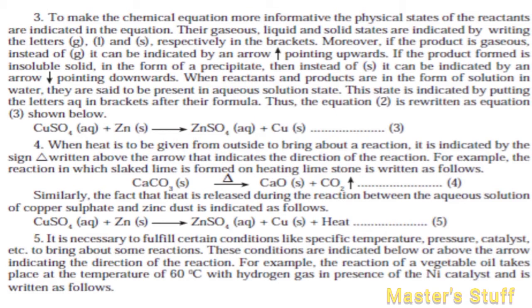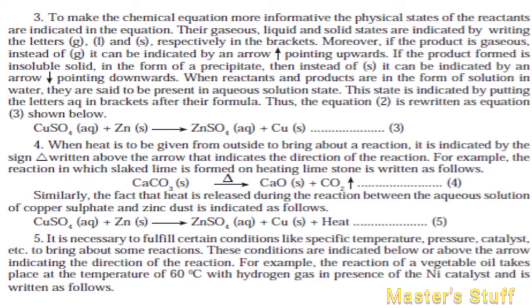And when reactants and products are in the form of solution in water, they are said to be present in aqueous solution state. This state is indicated by putting the letters AQ in brackets after the formula.